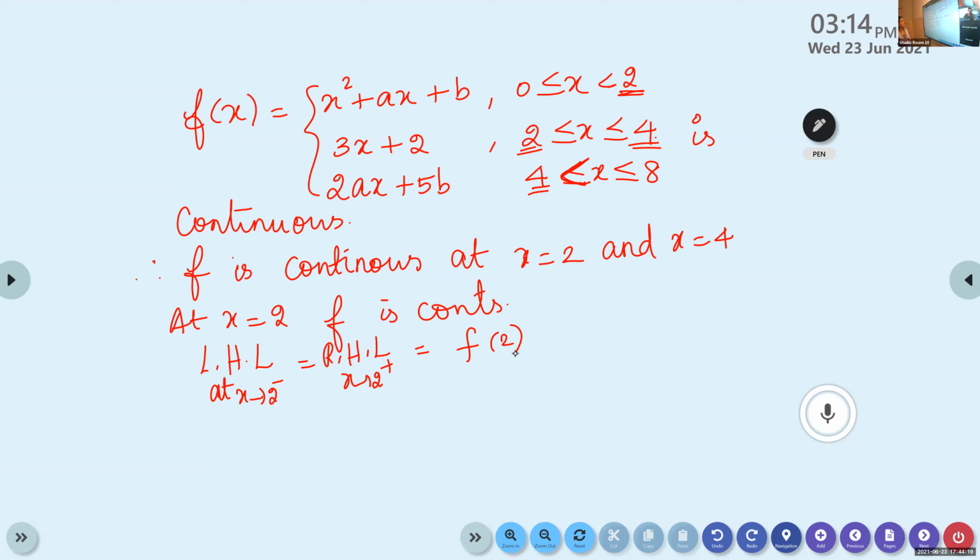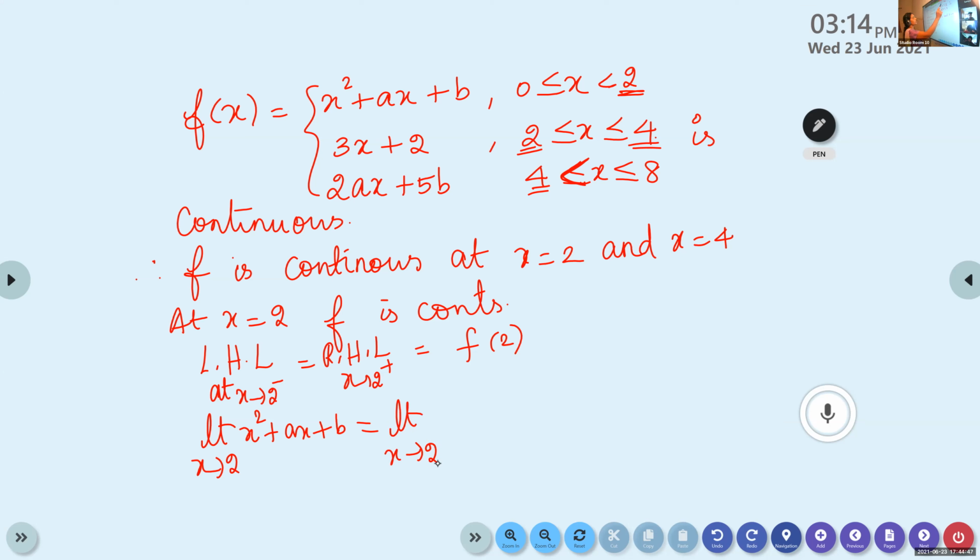For the left limit, that is x tending to 2 from less than 2, what is the function defined here? For less than 2, what is the function? x square plus ax plus b, equal to the right hand limit. Right hand limit means greater than 2.